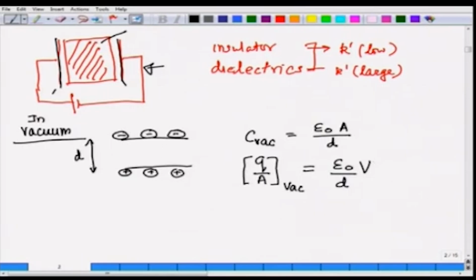But V, the voltage V is the voltage between these two terminals. This is the voltage V that we have applied. So, this V divided by D is the electric field, that I am going to write as epsilon naught E. So, that is the electric field which you are going to get in vacuum when you do that.